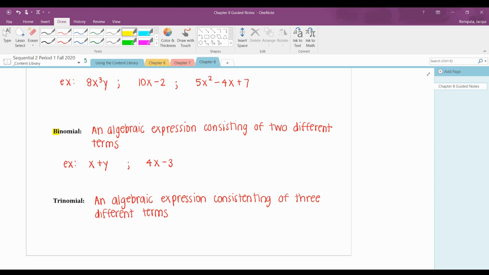Okay, so an algebraic expression consisting of three different terms. So thinking about the word tri, like triangle, that's got 3 sides. So trinomial, 3 different terms. Okay, so an example would be something like x squared plus 11x minus 2. None of those have the same term. Even though there's a couple of x's, their exponents are different. So 3 different terms. This is a trinomial.